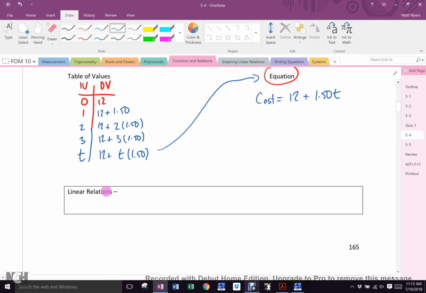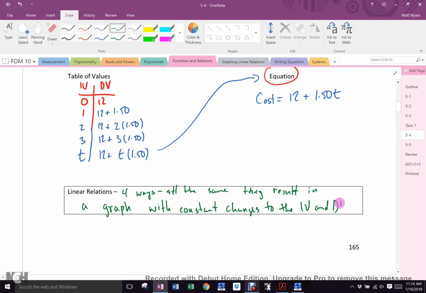Linear relations. Okay? 4 ways. They are all the same. And they result, not resettle, result in a graph with constant changes to the IV and DV.